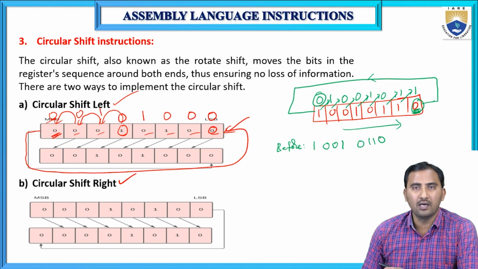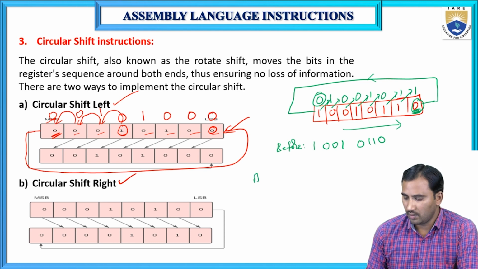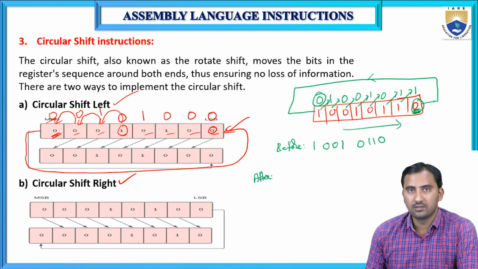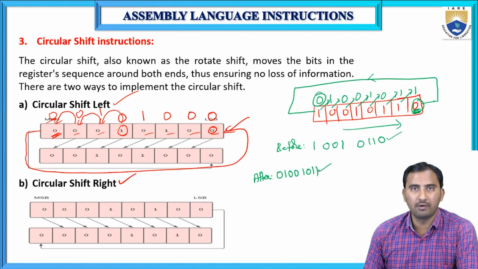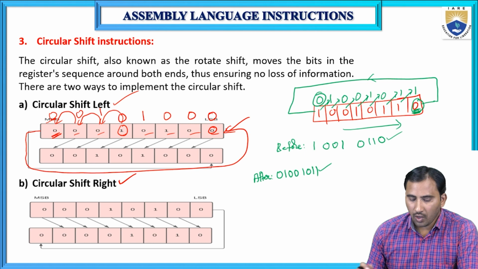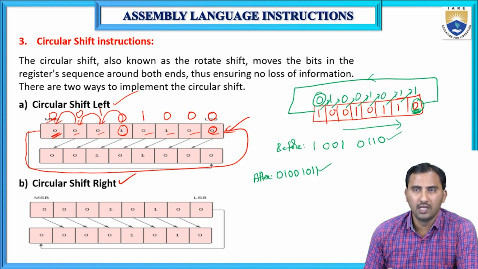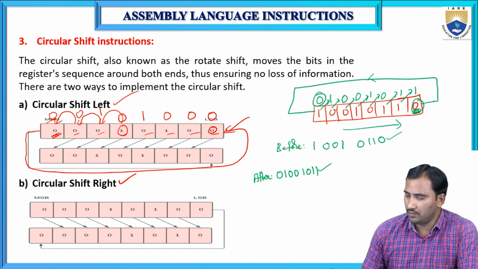After performing the circular shift right, the contents will be 0 1 0 0 1 0 1 1. So there is a difference before and after performing the shift operation. These are the circular shift instructions, and in circular shift instructions, we will not lose any data.